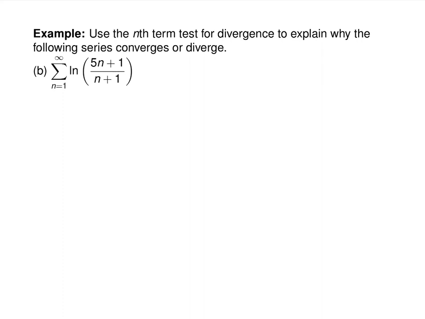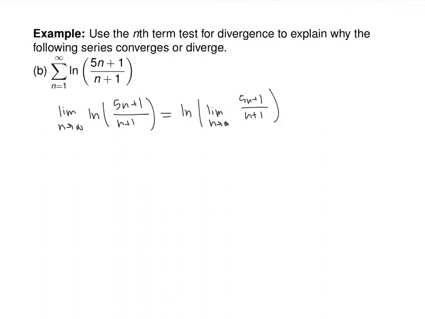Okay, something kind of wacky looking. You're like, oh, ln of weirdness. Well, let's check and see if the ln of weirdness goes to 0. So find the limit as n goes to infinity of ln of strangeness. Well, remember that the limit can move inside the natural log, as natural log is a continuous function. And well, that limit of the expression inside the log will be 5.